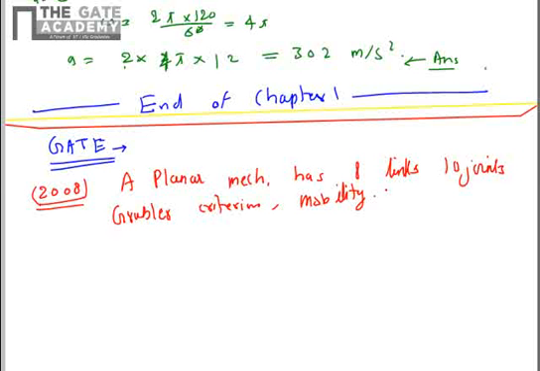If you recall Grubler's formula, the degree of freedom is equal to 3 into n minus 1, where n is the number of links. Since in a mechanism one link is fixed, we do n minus 1. 3 is the degree of freedom of any body in a 2D system, minus 2j1, the joints of class 1 containing all degrees of freedom but 1, minus 1j2.